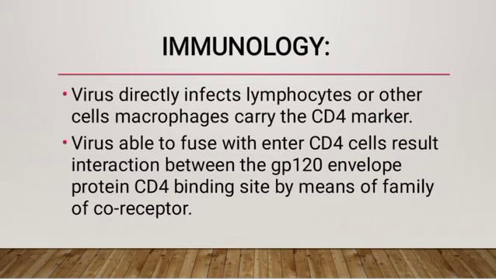In immunology, basically the virus targets two cells. One is the macrophage, which carries CD4 markers, so the virus attacks them. When it attacks, the envelope of the virus, which is glycoprotein 120, binds to the CD4 receptors on the host cells.